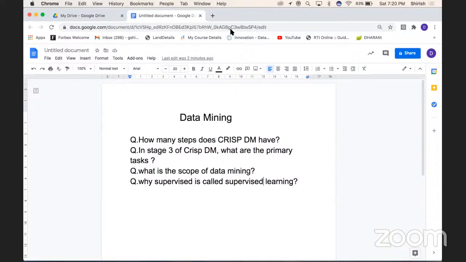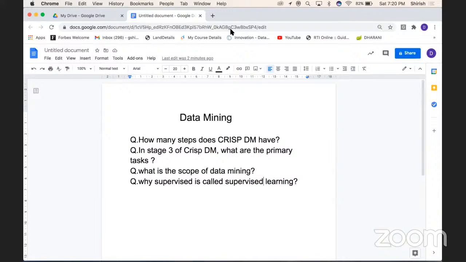But when you don't have any specific Y in your data, you are trying to draw some pattern, some behavior out of the data collected. Then that is your unsupervised learning.